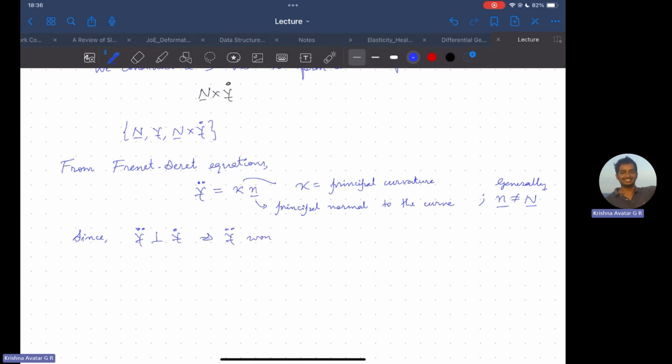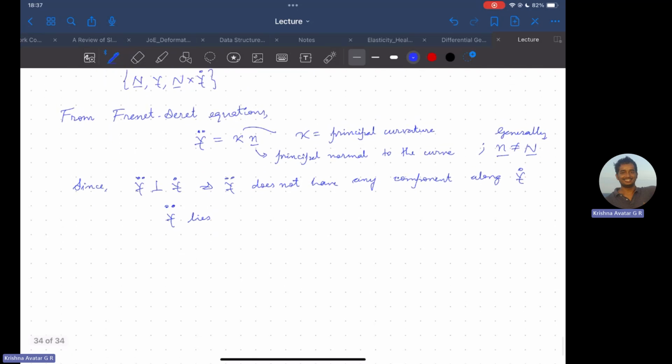So now, since we know that gamma double dot vector is perpendicular to gamma dot vector, this means that gamma double dot does not have any component along gamma dot, right? So precisely speaking, gamma double dot lies in the plane spanned by n vector and n cross gamma dot vector.